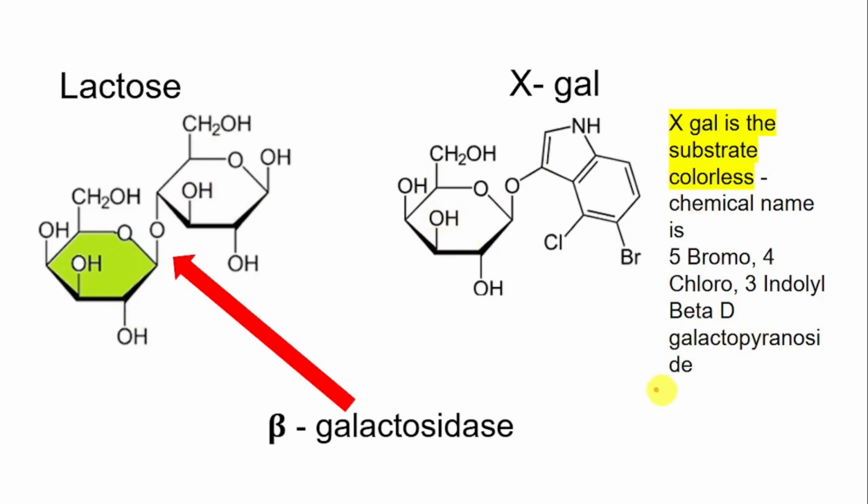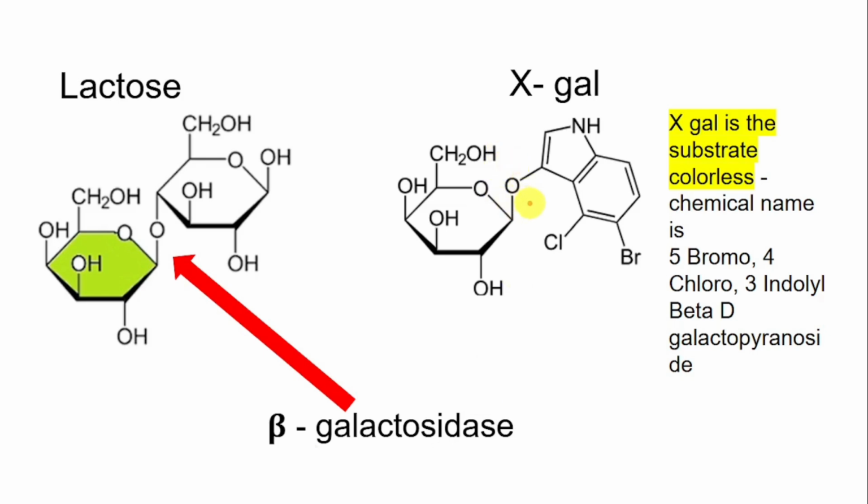This part is the same, the galactopyranose ring, and the connection is at beta 1. This other structure is 5-bromo, the 5th position. The 4th position has chloro, and here there is one hydroxyl group, and this is the indole group. So this enzyme can act on this bond and break it.